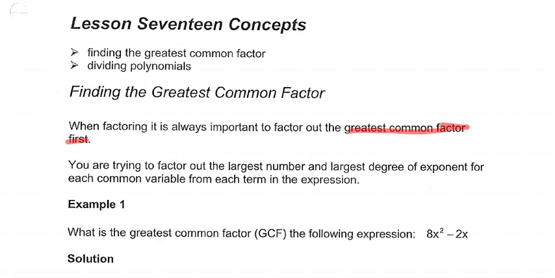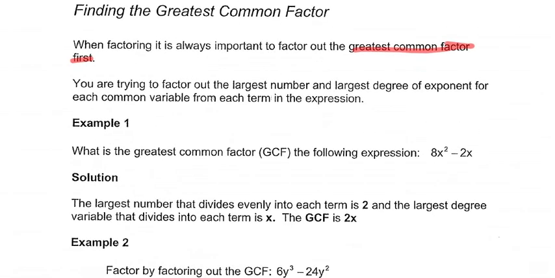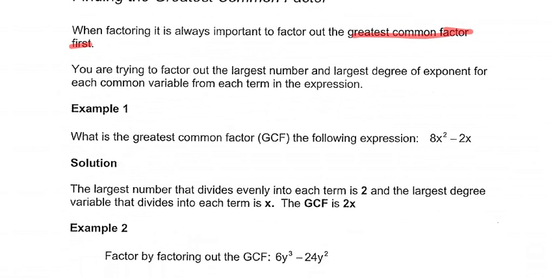So you're going to try to factor out the largest number and largest degree of exponents for each common variable from each term. So it's not only the numbers, but also the letters. Okay, so let's look at this. What is the greatest common factor of the following expression? 8x squared minus 2x.